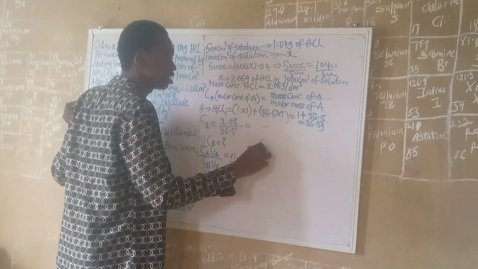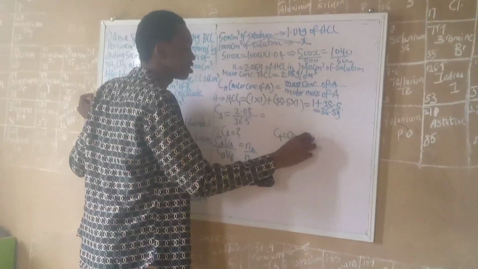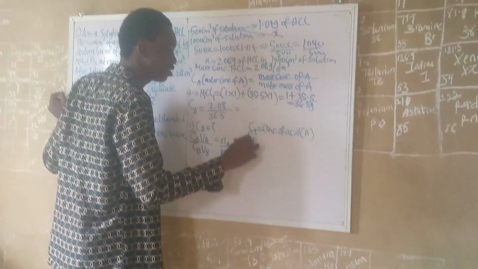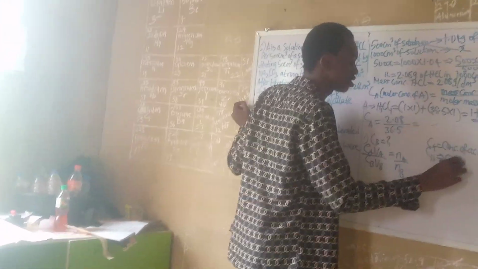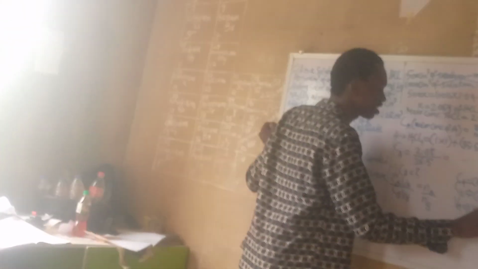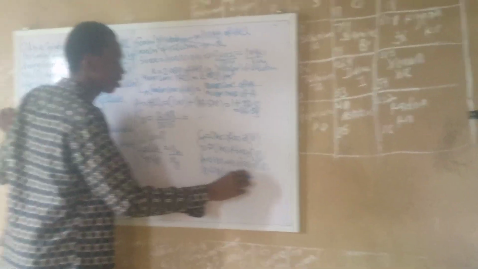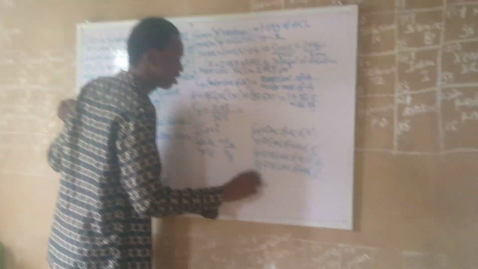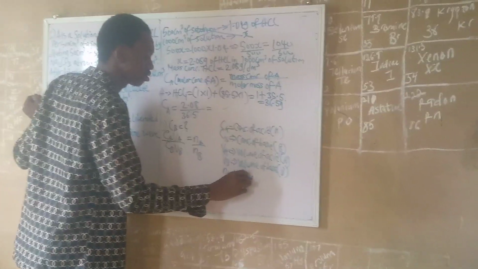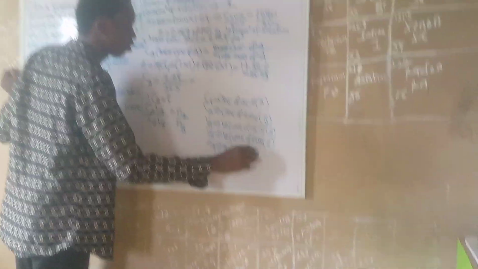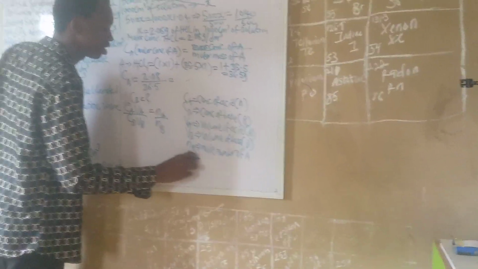Ca is concentration of acid, which is A. Cb is concentration of base, which is B. Va is volume of acid, and Vb is volume of base. Na is mole number of A, and Nb is mole number of B.